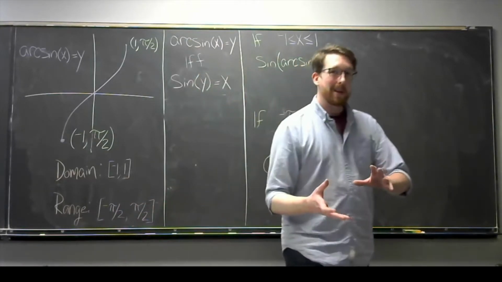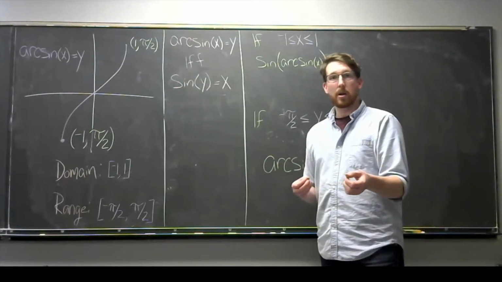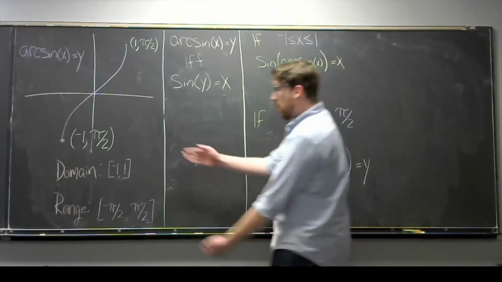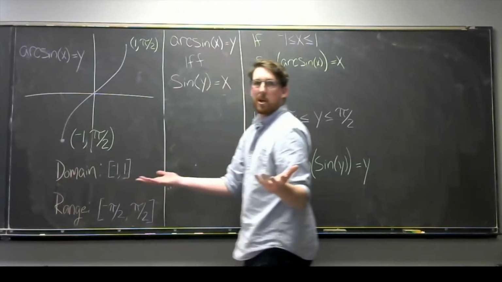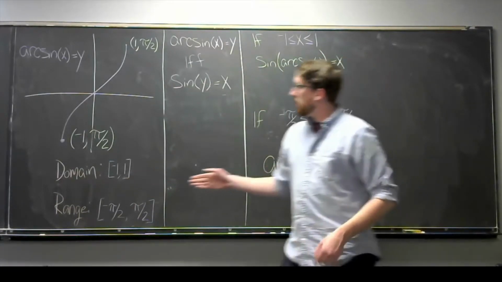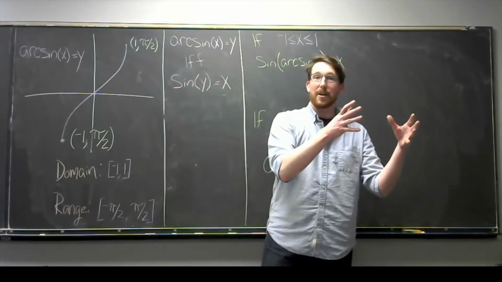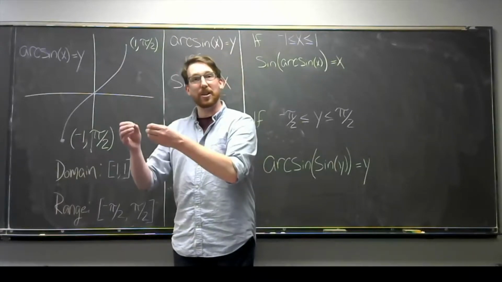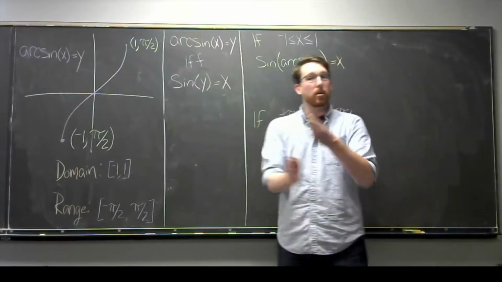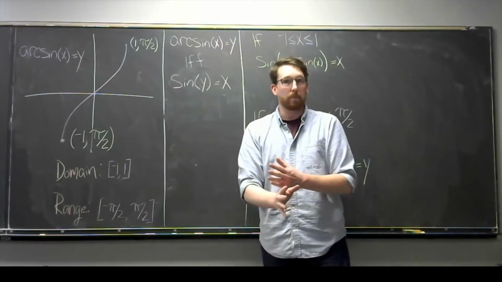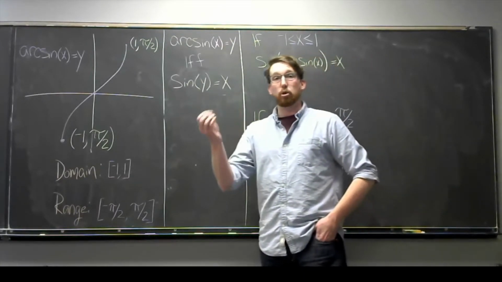Now notice, when we were talking about that restricted sine, the domain and range were these but flipped, right? And we should expect that, because what we're trying to do is say, if x gets us to y, what's the function that takes us from y back to x? So we should expect the domain and range of the two functions to flip. Like I said, this is the domain and range of the restricted sine.